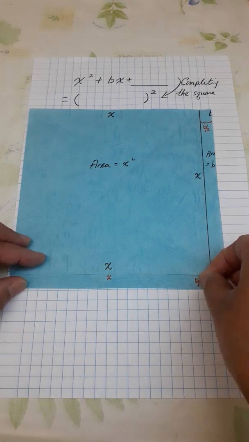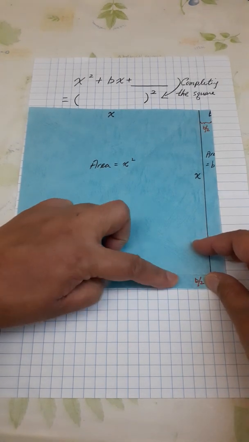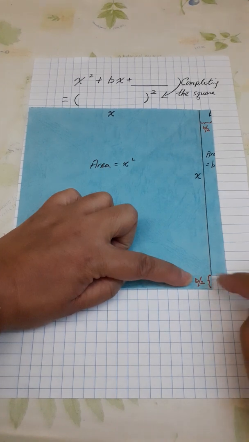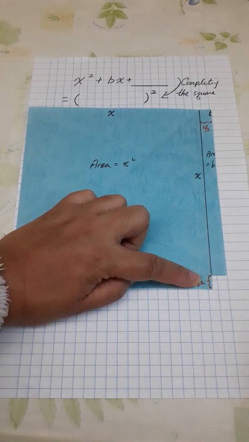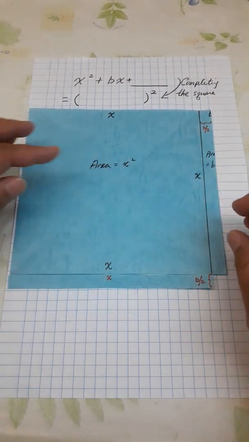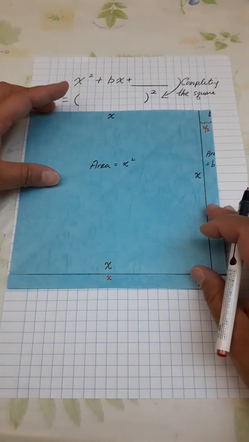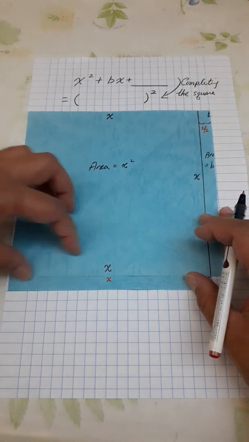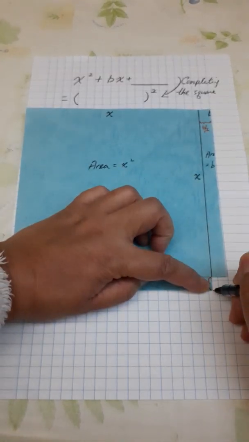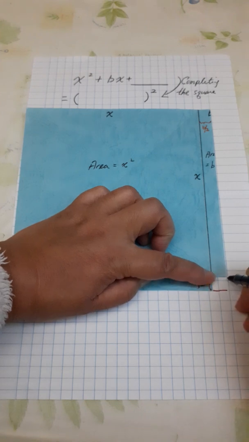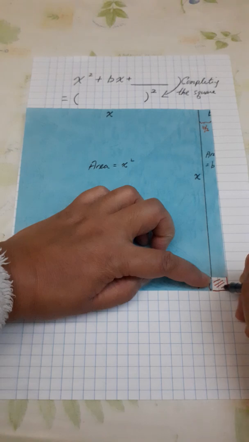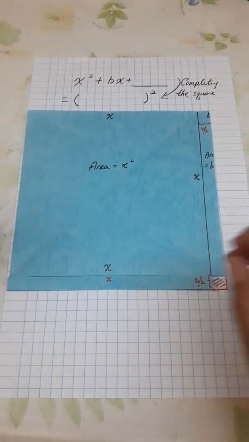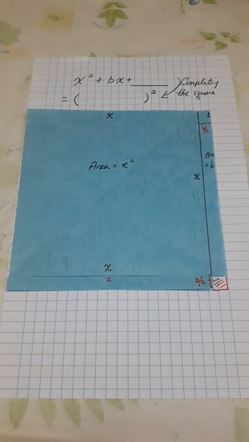Now, you can see this little corner. What happens if I join this corner? If I extend the lines like that, it means I just need this little part.